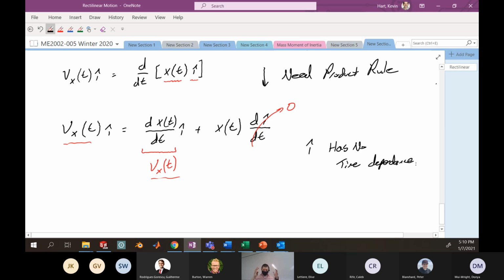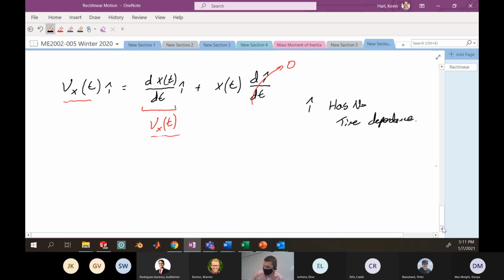Your coordinate system is fixed in space. The unit vector pointing in some direction isn't changing over time. Not yet. When you get to advanced dynamics and you're talking about moving coordinate systems, then maybe, but not right now.